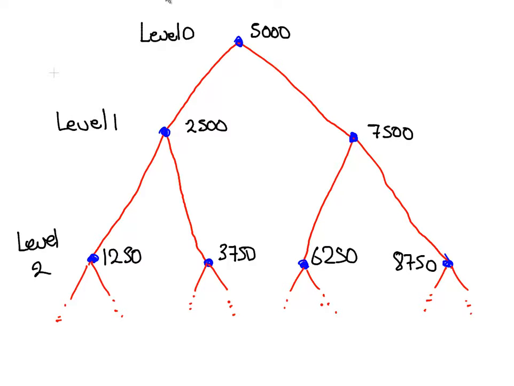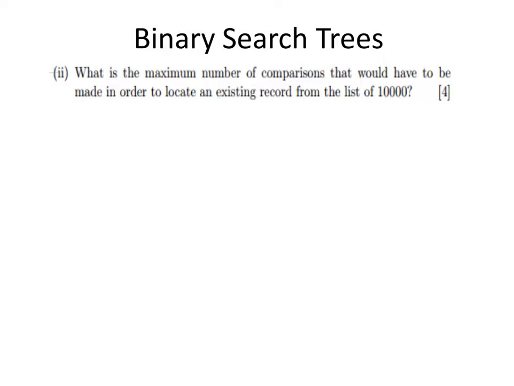It's actually quite long, but now we have the second part. What is the maximum number of comparisons that would have to be made in order to locate an existing record from the list of 10,000? The way we would calculate that is as follows: the ceiling function of log to the base 2 of (n plus 1).